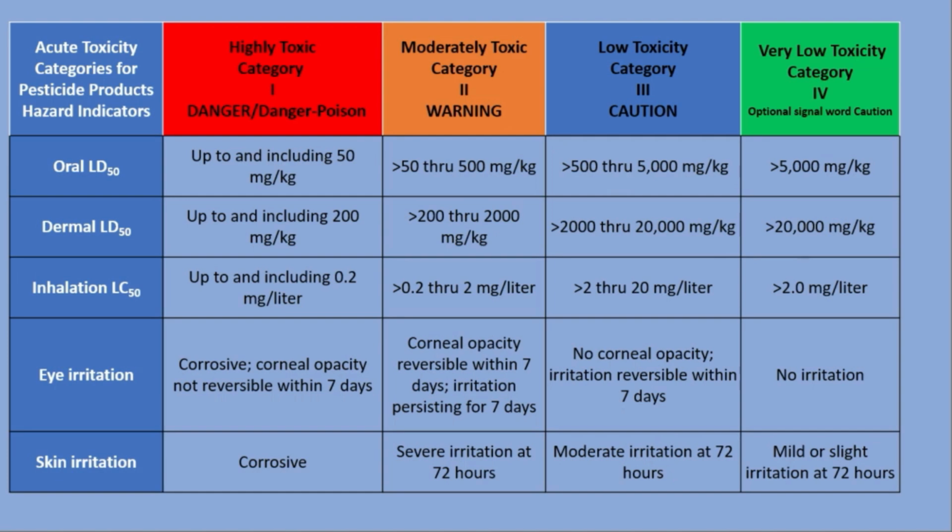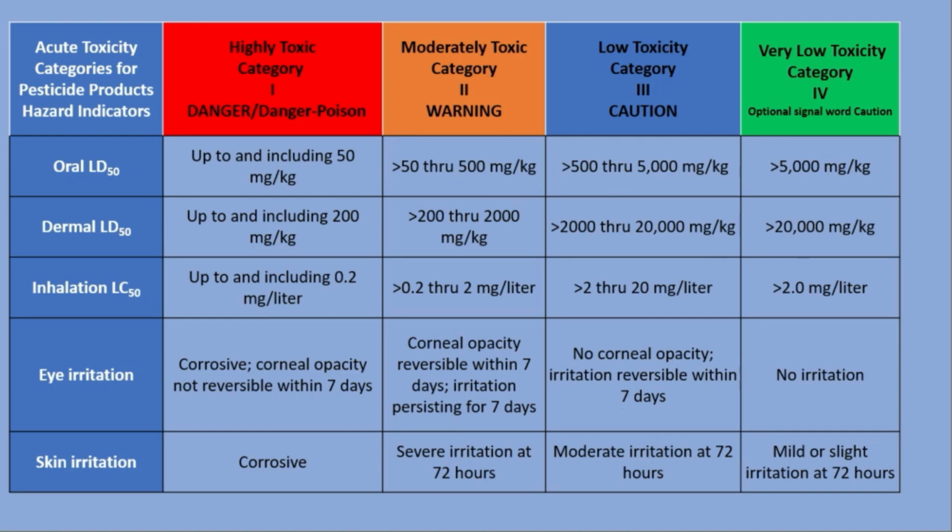So let's look at it. Oral LD50 under column 1, highly toxic, category 1, danger/danger poison, is up to and including 50 milligrams/kilograms. When we look at oral LD50 under category 2, which is going to be moderately toxic, category 2 warning, it's going to be greater than 50 through 500 milligrams/kilograms.